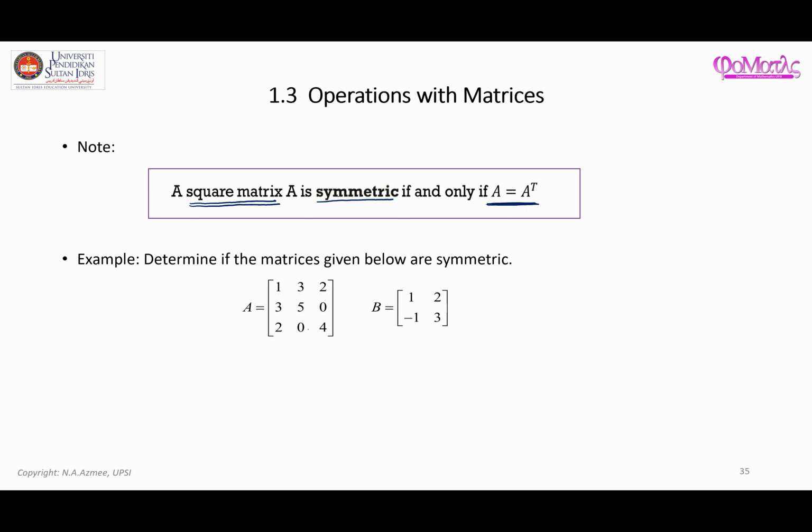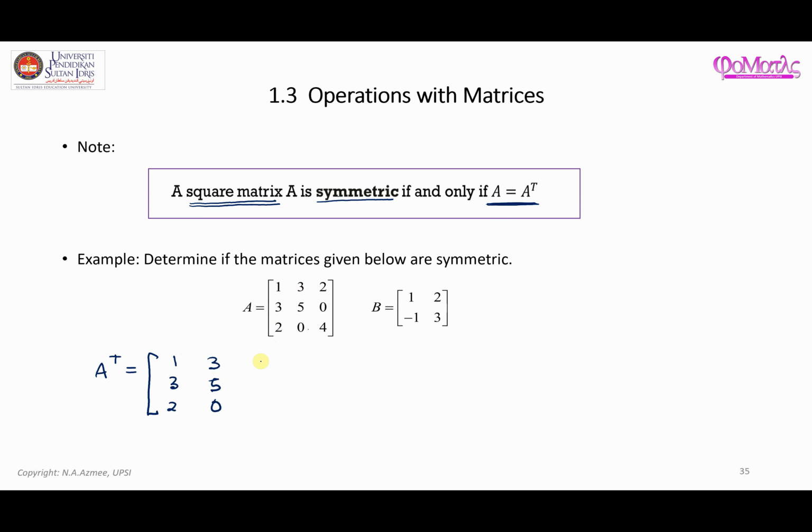So our first step is of course to obtain the result of A transpose. For A transpose, again, the first row becomes the first column, 1, 3, 2. Second row, second column.